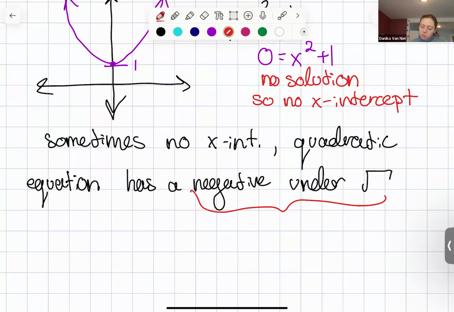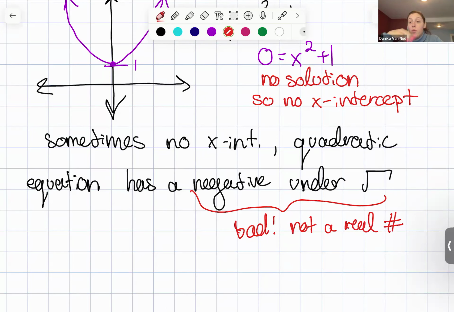Negative under the square root is bad, not a real number. Okay. We don't have to stress about what it is for this class. All we know is it's not a real number, and that's all we need to know for right now. Okay. Any questions?